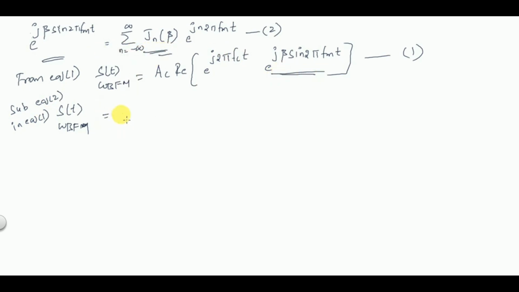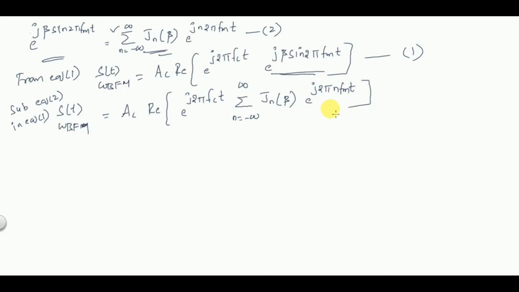So what you get is AC into real part of e power j 2 pi fc t, where e power j beta sine 2 pi fm t is replaced by summation n equal to minus infinity to infinity Jn of beta into e power j 2 pi n fm t.